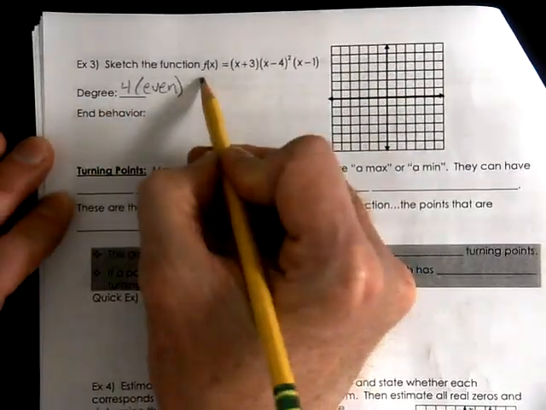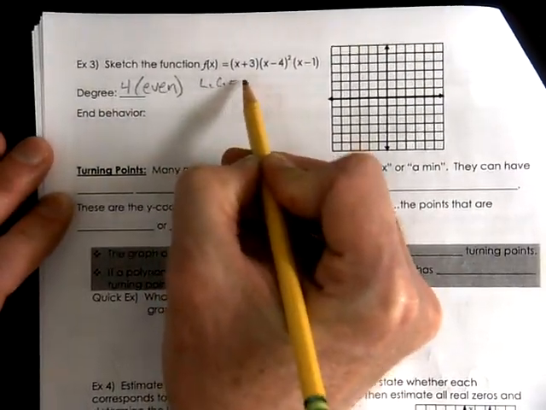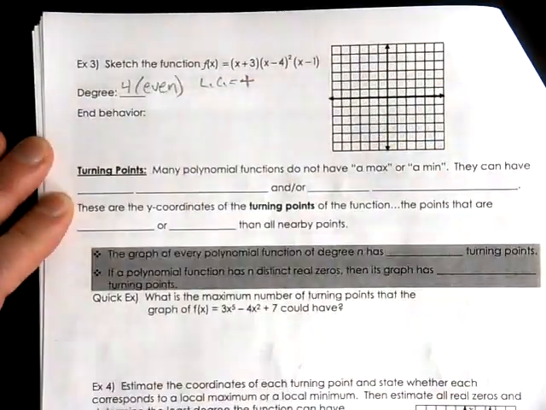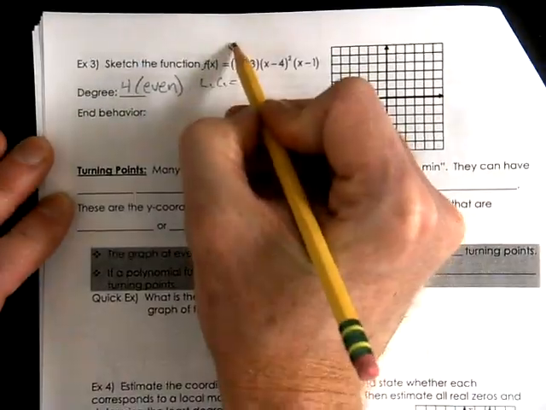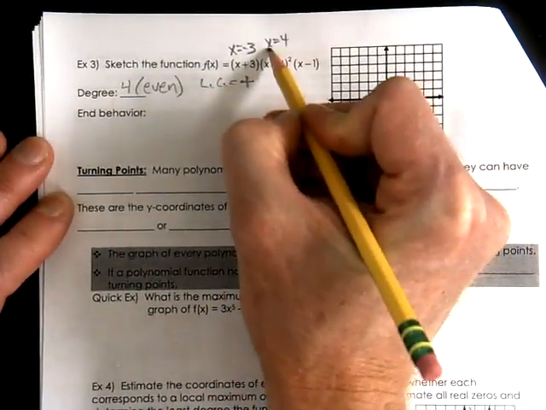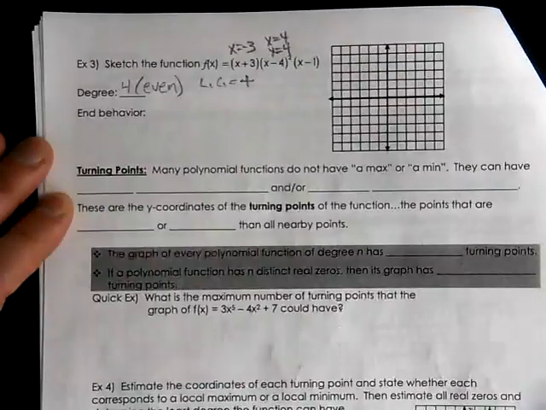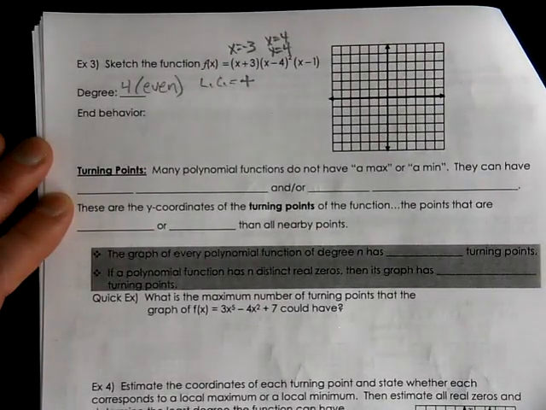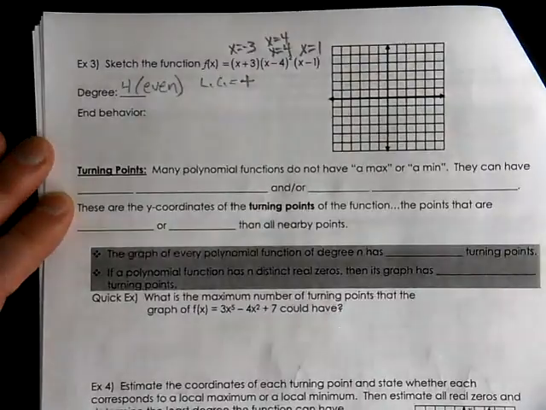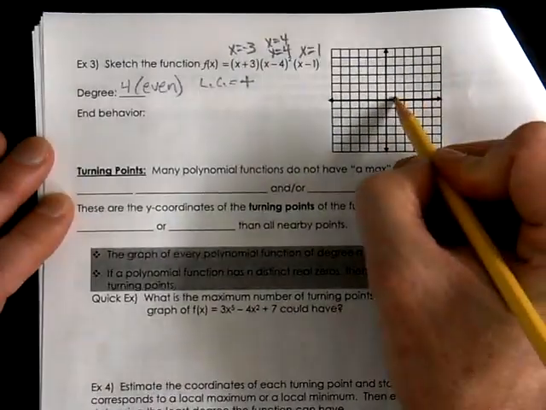My leading coefficient is going to be a positive. I know I'm going to have a 0 at -3. I know I'm going to have a 0 at 4. I'm going to have another 0 at 4 because that's a double 0. Because it's squared. There's 2 of them. And then 1.